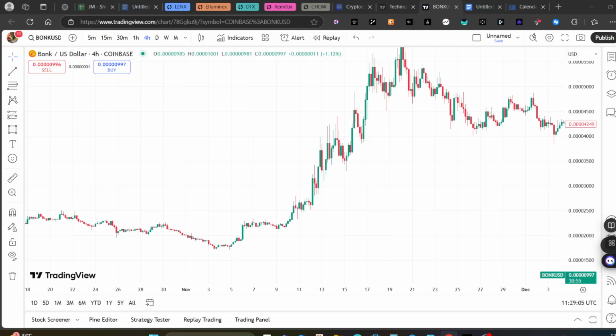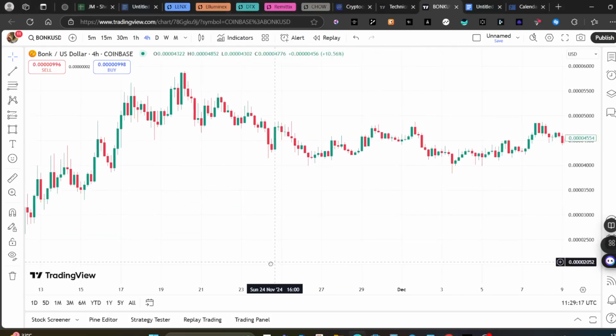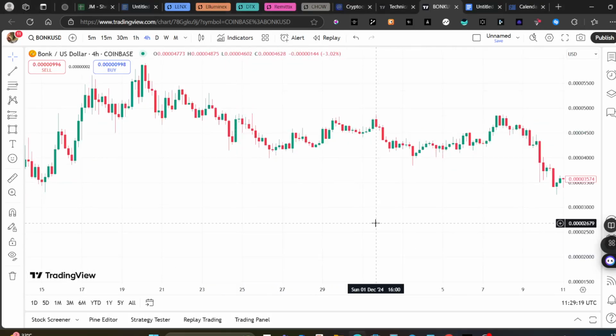Now, let us get into it. What is implied volatility? First things first, let us define implied volatility and why it is so important for traders. Implied volatility refers to the market's expectation of future volatility in the price of an asset, such as stocks or Forex pairs, based on the prices of options contracts.